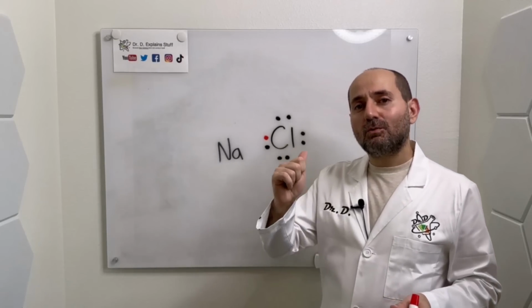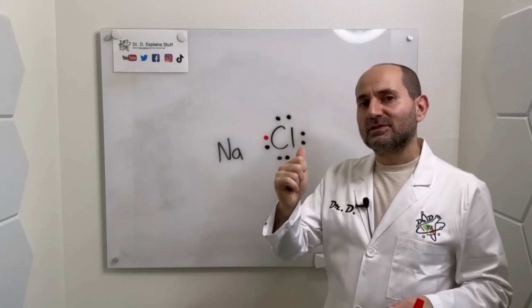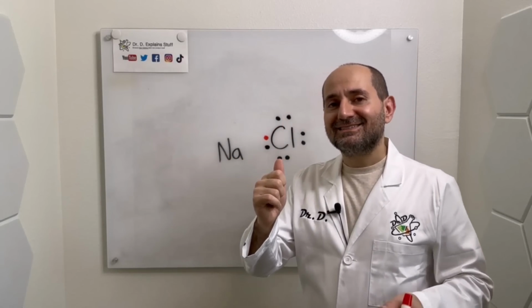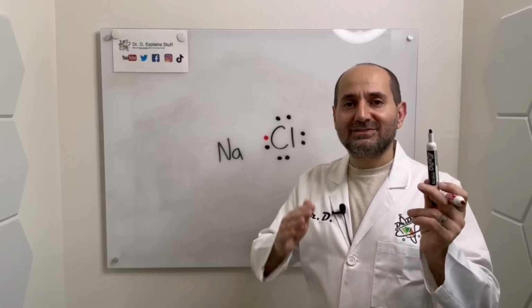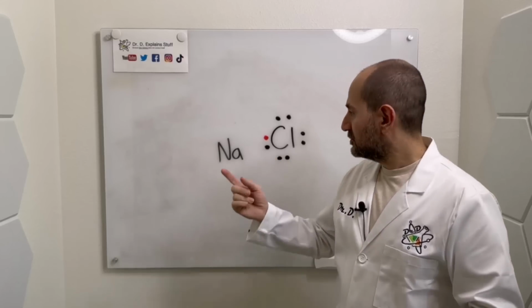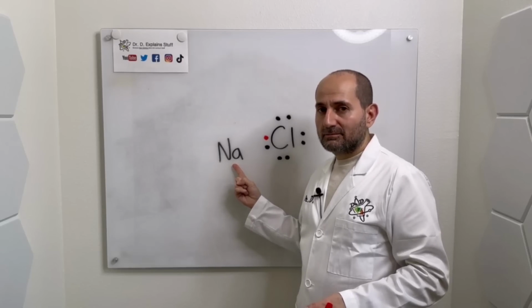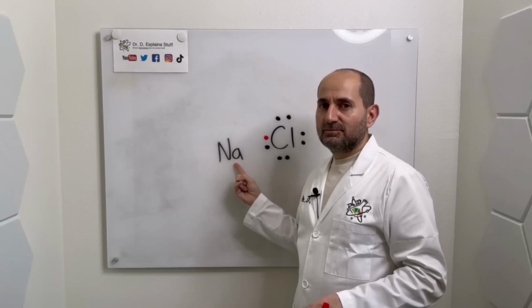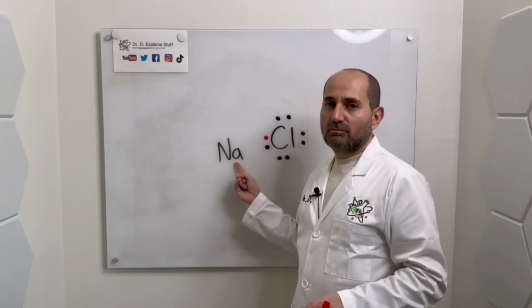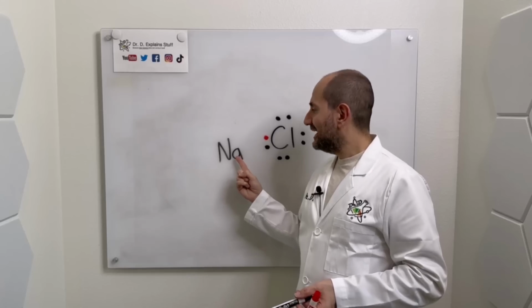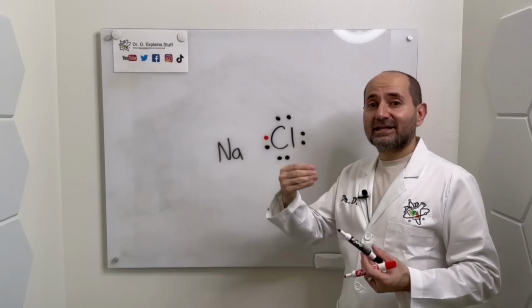When you give away an electron, what happens? Do you remember the definition of an atom? An atom has the same number of protons and electrons. So the only reason sodium was an atom and had no charge is because it had the same number of protons and electrons. Does that make sense? But what did it just do? It just gave chlorine an electron.